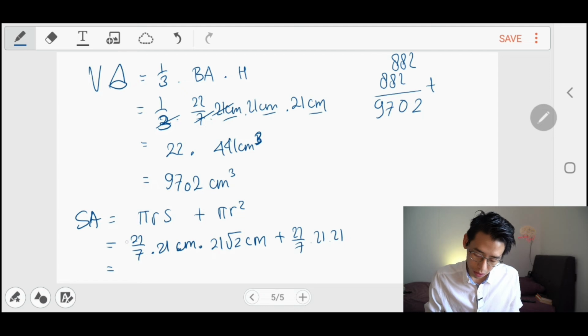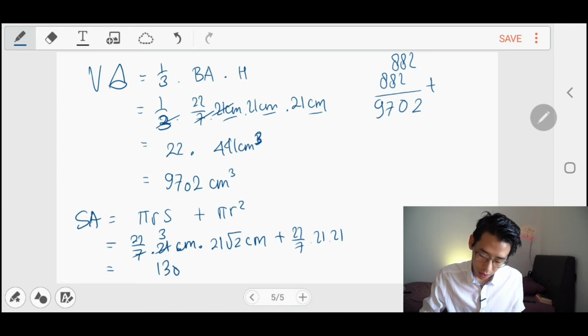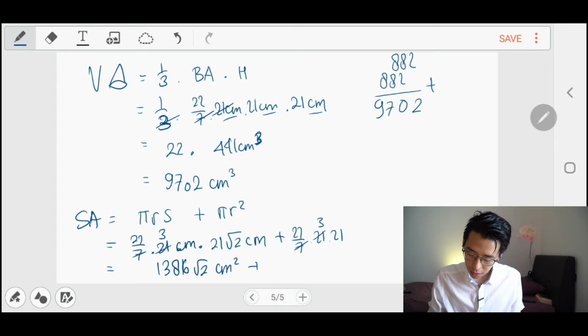So from this you get 3 times 21, 63, 63, 126, 126, 1386 root 2 centimeter squared, plus 1386 centimeter squared.